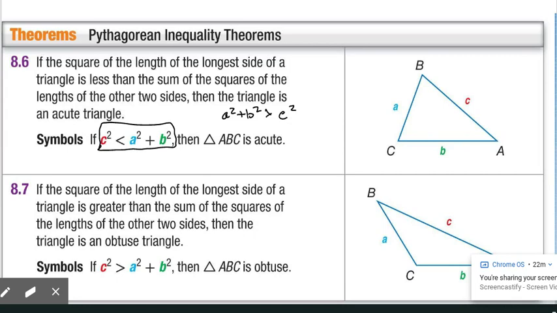When you are testing these triangles, you always want to put the smallest 2 sides for a and b. The longest side always goes for c. If we find out that the 2 legs, a squared plus b squared, is bigger than the hypotenuse squared, we automatically know it's an acute angle.